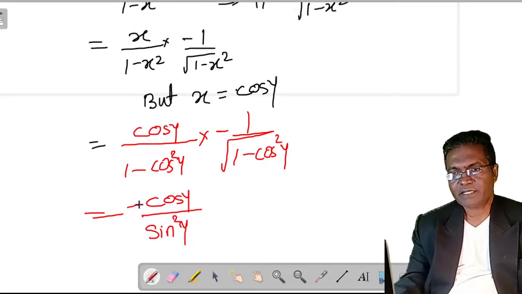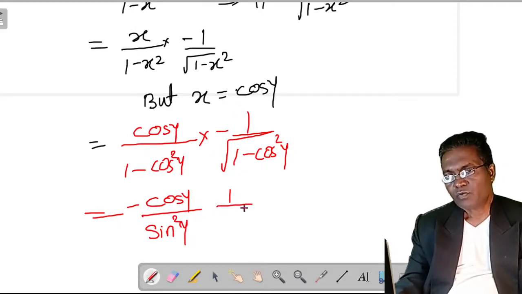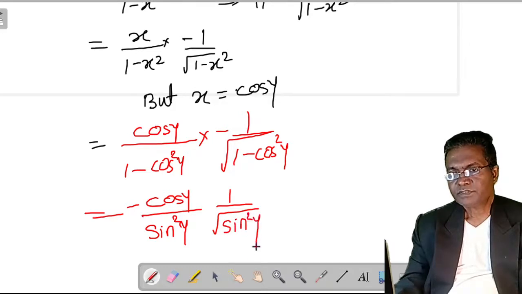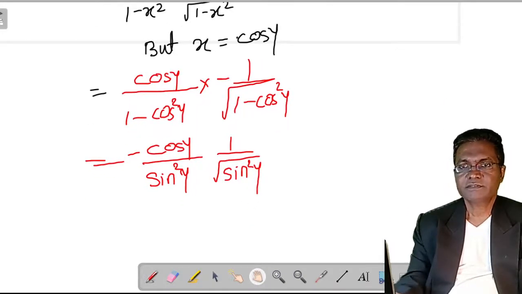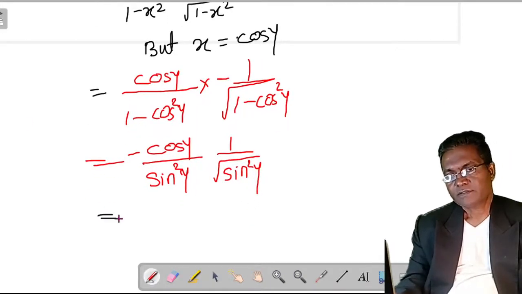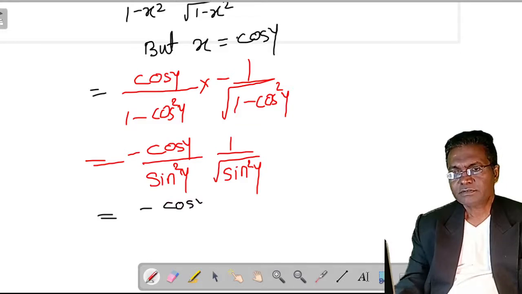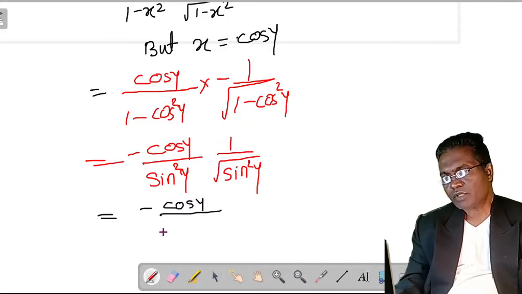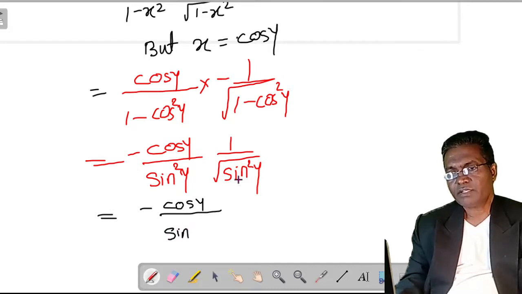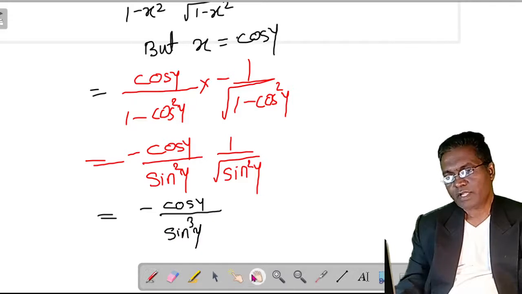This minus I can keep out here. 1 divided by root of 1 minus cos square, that is root of sin square y, so you can write minus cos y by sin square y into this becomes sin, so you can write directly sin cube y.